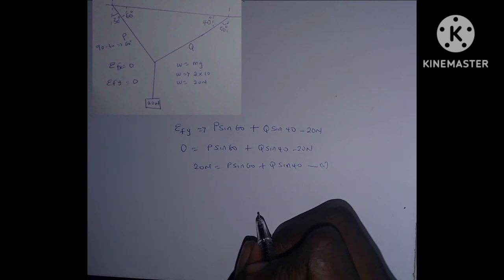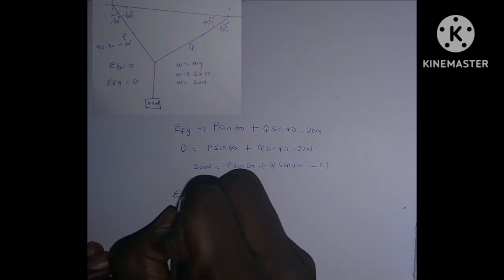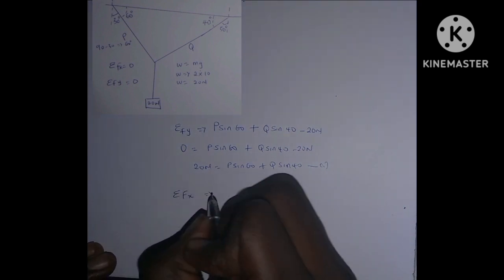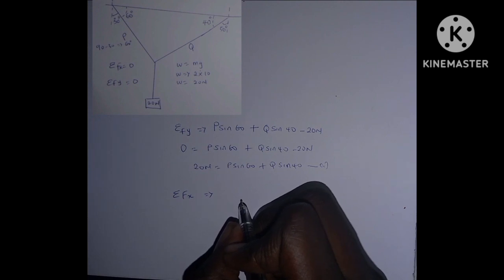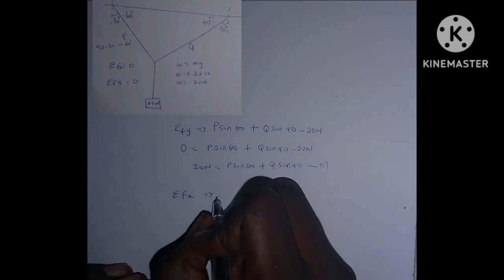Now, the summation of all the x-axis forces acting on this equilibrium diagram is what will be taken next. So summation of Fx. Now we have to resolve the angles into horizontal components, and I said that horizontal is denoted by cos and vertical is denoted by sine. So this is very easy.